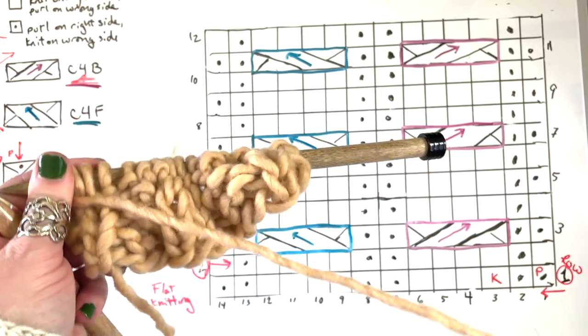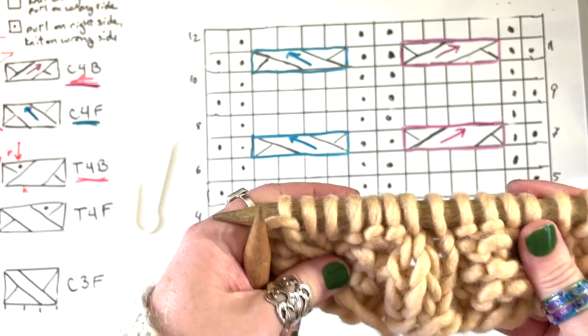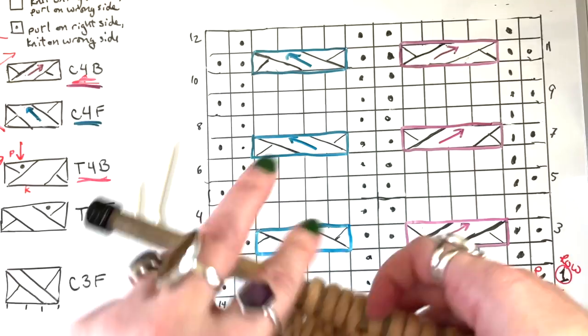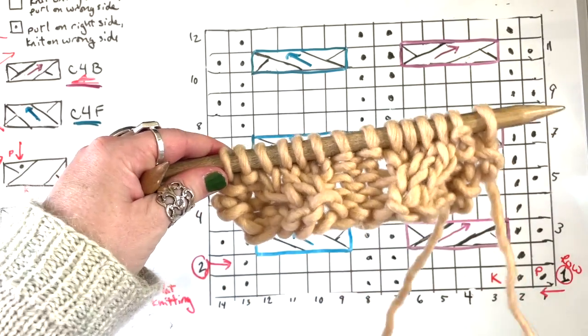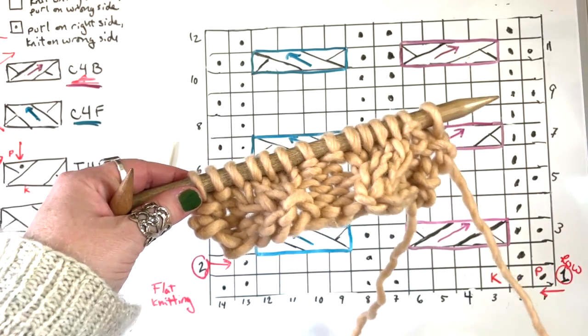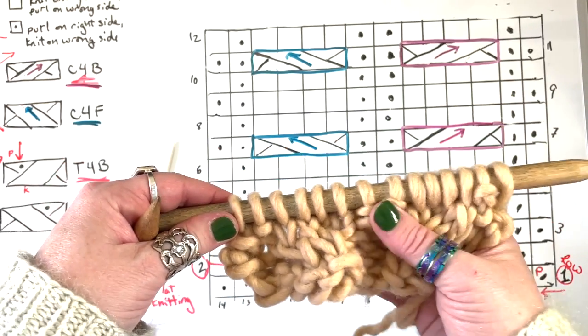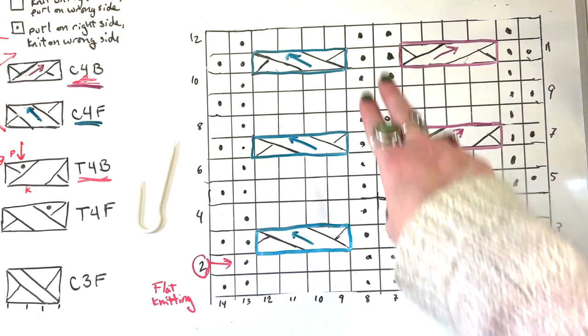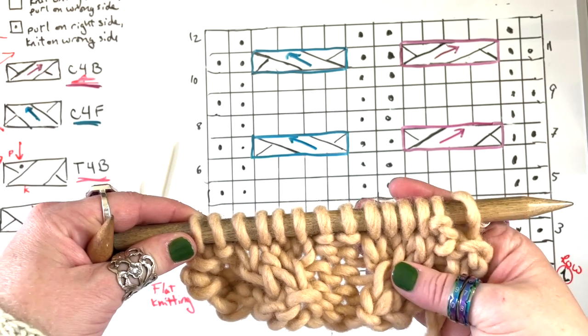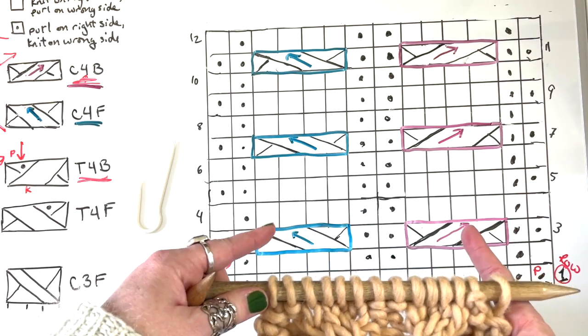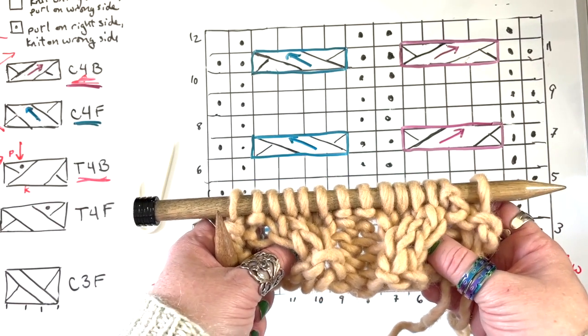Now, if we turn around to start our next row, to start row 5, we have a little bit clearer picture of what we are doing here. Again, it looks like all these purl bumps are stacking right in here. Knit stitches with a twist down at the bottom in 2 different directions.